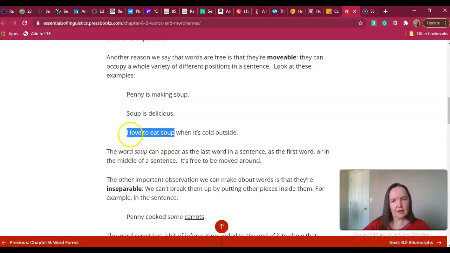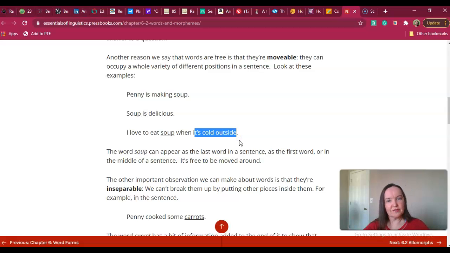Okay, again, we have here the subject I, the verb love. To eat soup, we have the verb to eat. Soup is the object of that verb. When it's cold outside, this is another sentence on its own over here. It's cold outside. It is cold, another sentence. When is a conjunction that's joining those two sentences together to form a complex sentence.